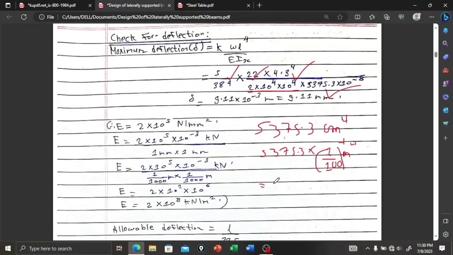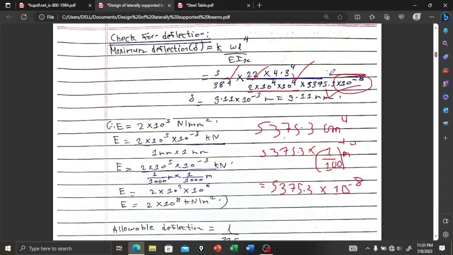So it is 5375.3 into 10 power, this minus 2 and 4 is minus 8.